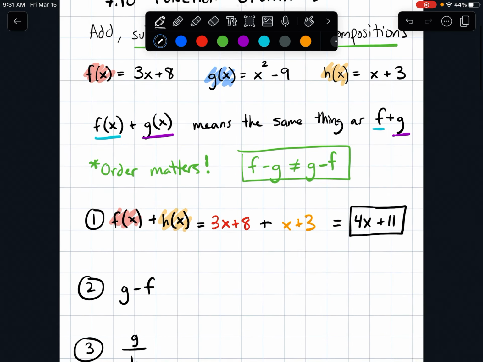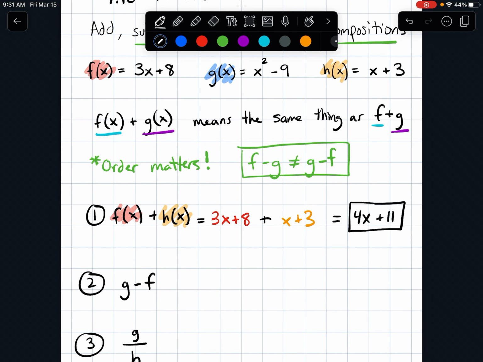All right, I'm going to take those same functions. Again, g of x is the blue one, so I'm going to highlight g of x in blue. Remember, g is the same as g of x in this case. And then f is the red one. So I'm going to take g of x, which is x squared minus 9, and I'm going to subtract f of x.